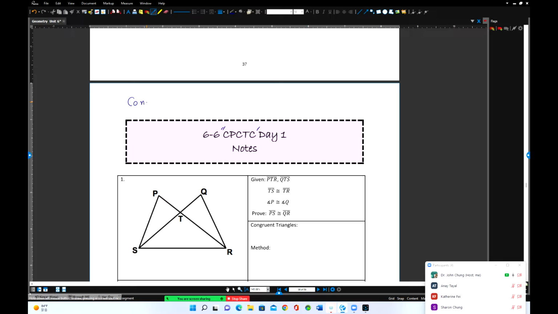Congruent part of congruent triangles are congruent.